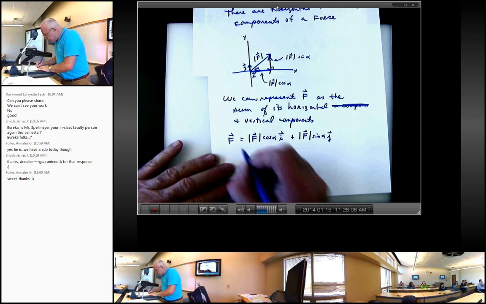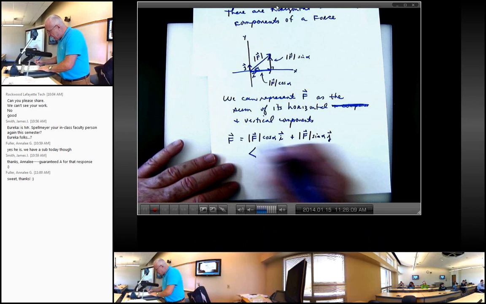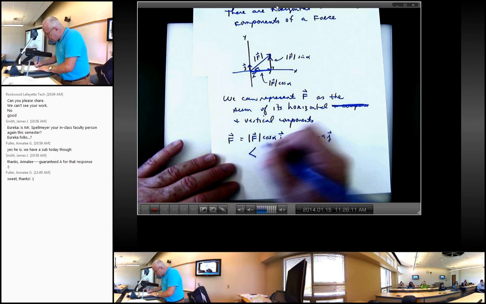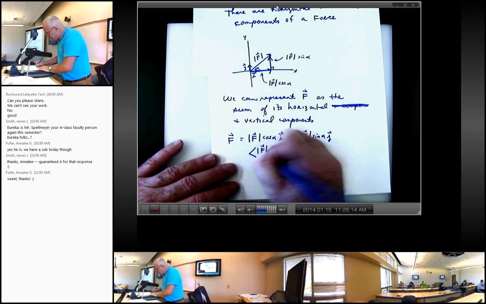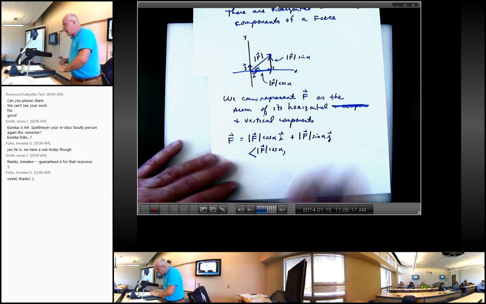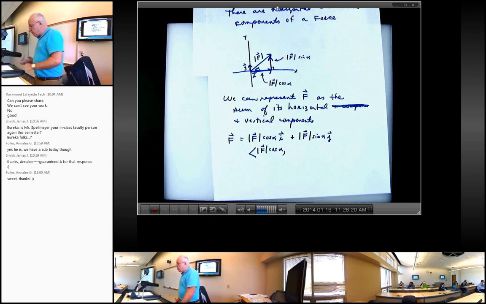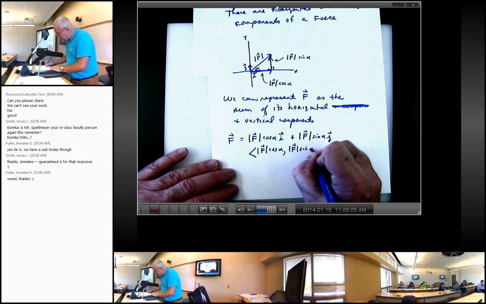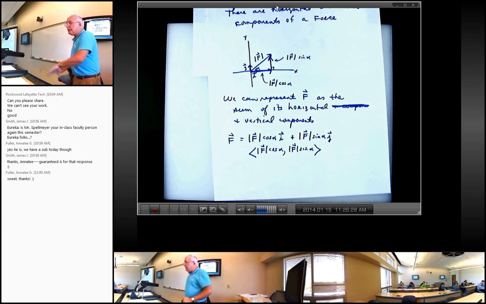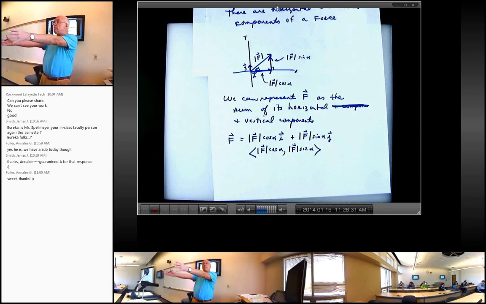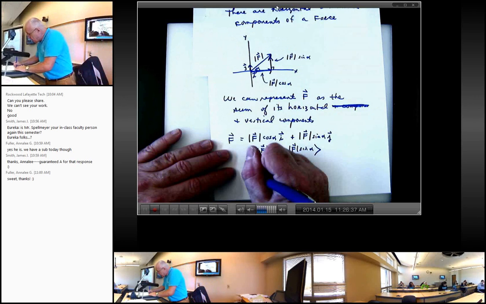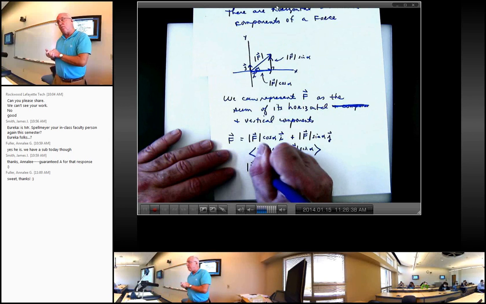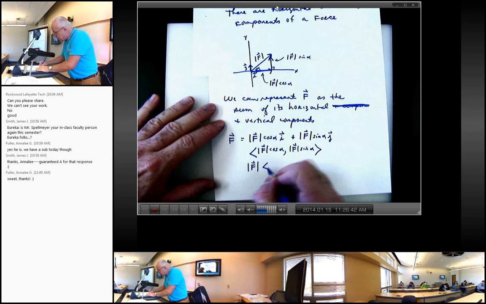Another way I can write this force, I could use our bracket notation. Actually, there's a couple ways I can do this. Our x component is going to be the absolute value of the force times the cosine. Our y component, the same thing except times the sine. And since both of them have the same absolute value in them, I could draw that out and write it as the absolute value of that force times bracket the cosine of alpha, sine of alpha.